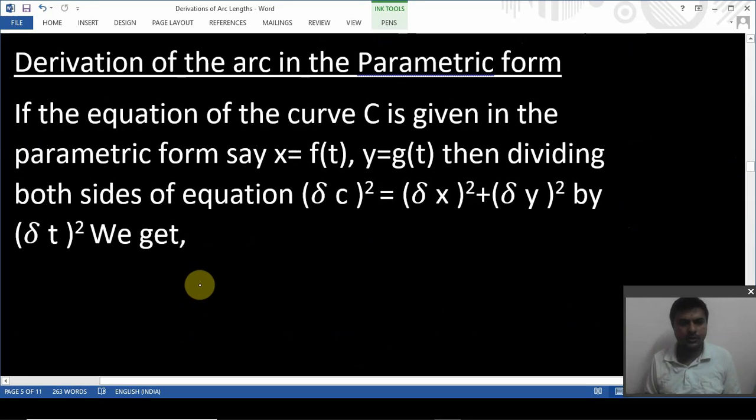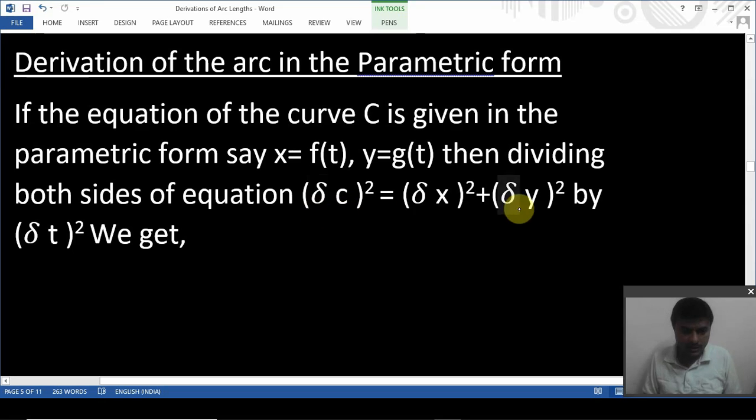If the equation of the curve C is given in the parametric form, say x is equal to f of t, y is equal to g of t, then dividing both sides of the equation, delta c the whole square is equal to delta x the whole square plus delta y the whole square, by delta t the whole square, we get this equation from the figure.